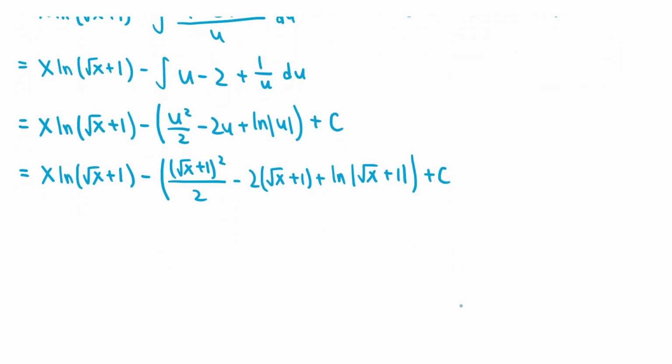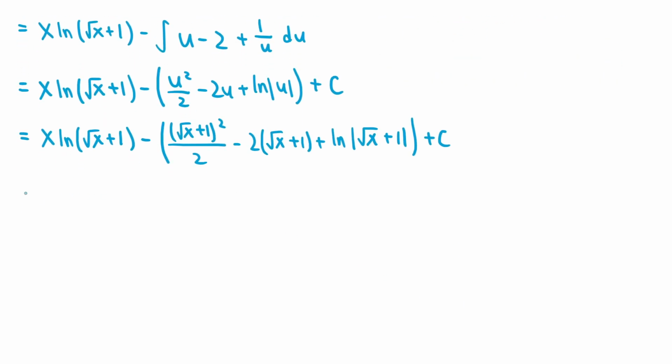Alright, so let's clean up this expression a little. The first part of the expression stays the same as always. And let's see what happens to the expression inside the parentheses. So we have minus parentheses, and then (square root of x plus 1) all squared. If we expand that, it just becomes x plus 2 square root of x plus 1, and the 2 in the denominator stays the same.